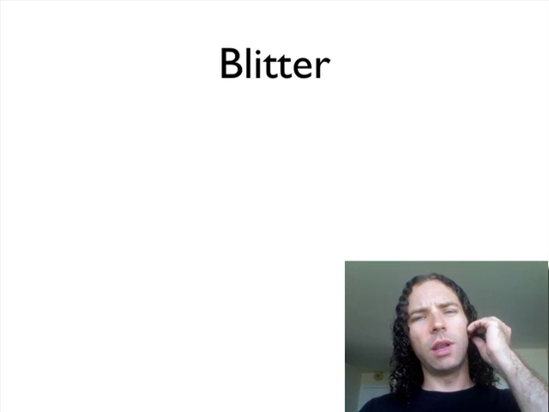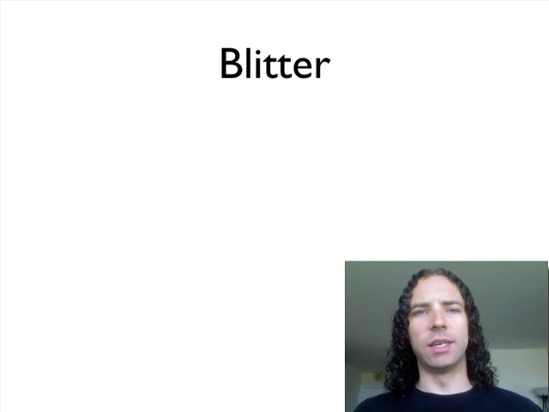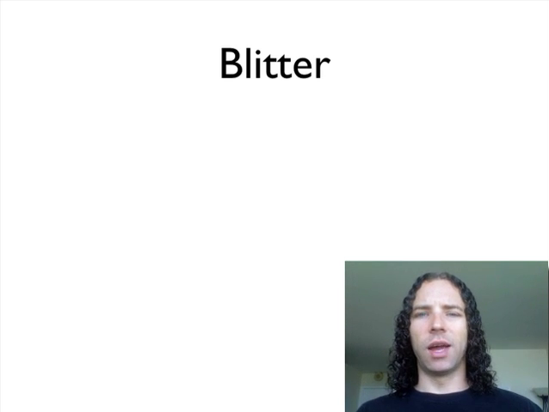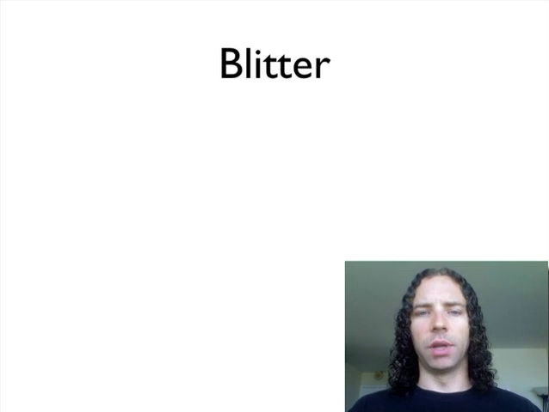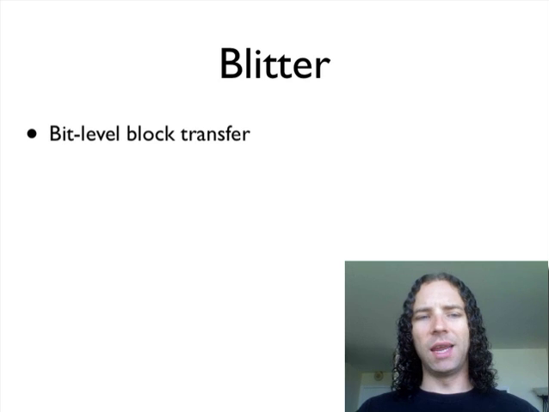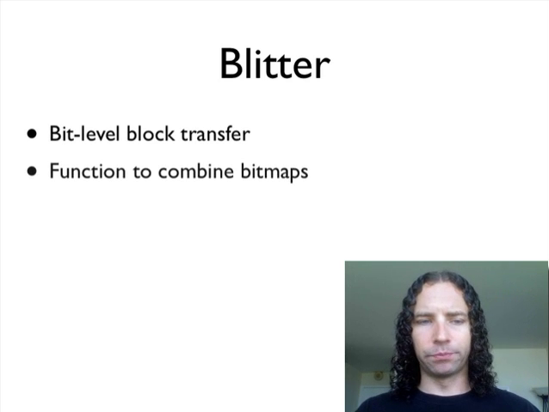So getting on to how some of this actually is implemented and what the underlying operations on the data actually are, we get to the blitter. Now this means bit level block transfer. And this is something that Commodore Amiga Incorporated introduced back in their computers some time ago, obviously.